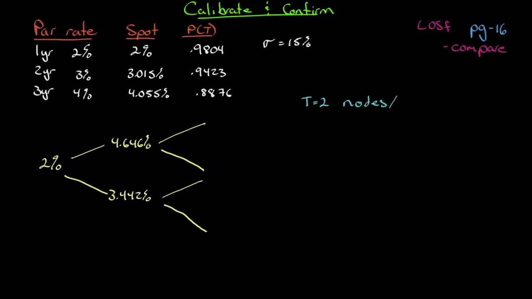Okay, well, let's do the next set of rates that we're going to need. We need our T2 nodes. So we need a forward rate at this point for F21 because we need a starting point. So we'll take our 3-year rate, 1.04055 to the power of 3, and divide it by our 2-year rate, 1.03015 squared, and we'll subtract 1.